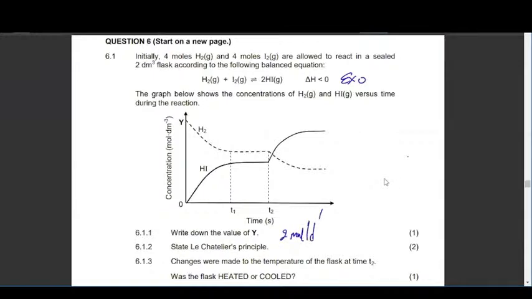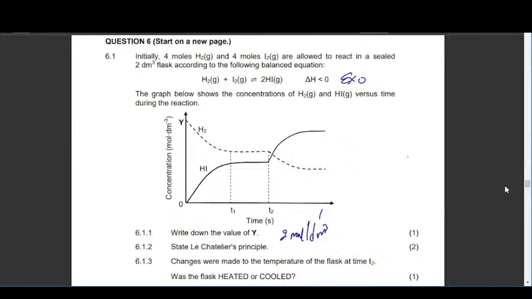All right, state Le Chatelier's principle. Here, when you are talking about Le Chatelier's principle, you're supposed to talk about the stress which is being introduced and how this stress is being wiped out from the system, and how the system is going to favor what? Is it the forward reaction or the reverse reaction?